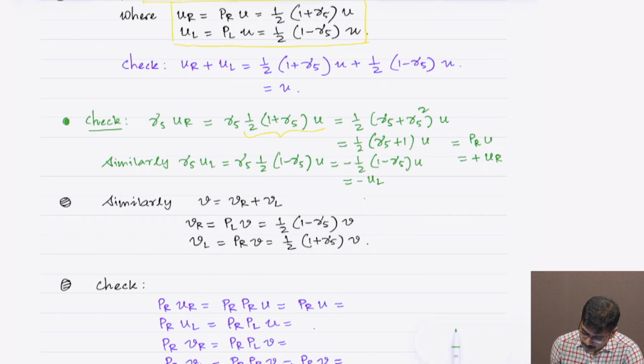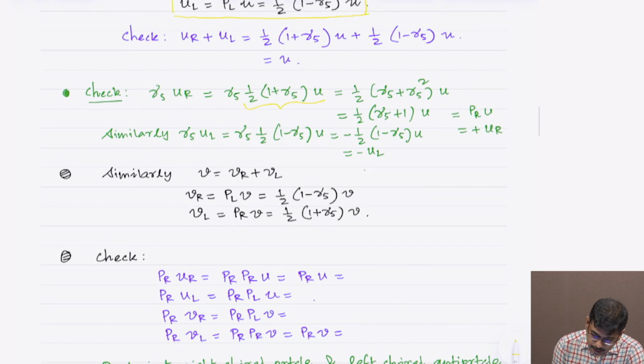So, I can define, for example, VR and VL, which will also be, you can project the V into VR plus VL, where you define VR. Remember, for antiparticle, the definition slightly changes. This is consistent with all these definitions that we have done so far.